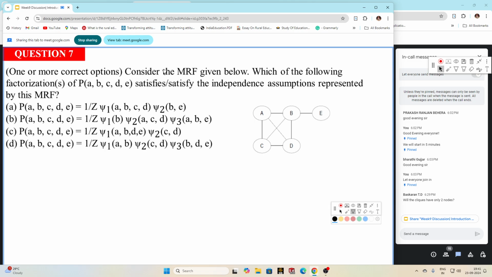Consider the MRF given below. Which of the following factorizations of P(A, B, C, D, E) satisfy the independence assumption represented by this MRF?